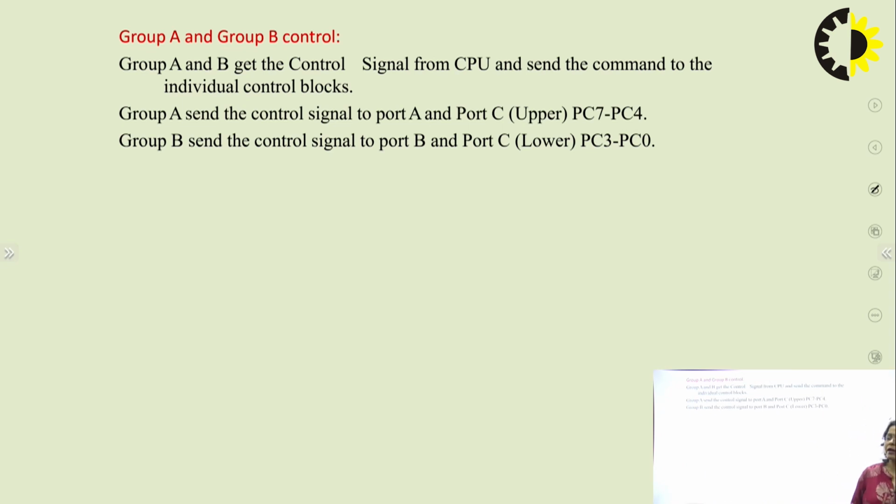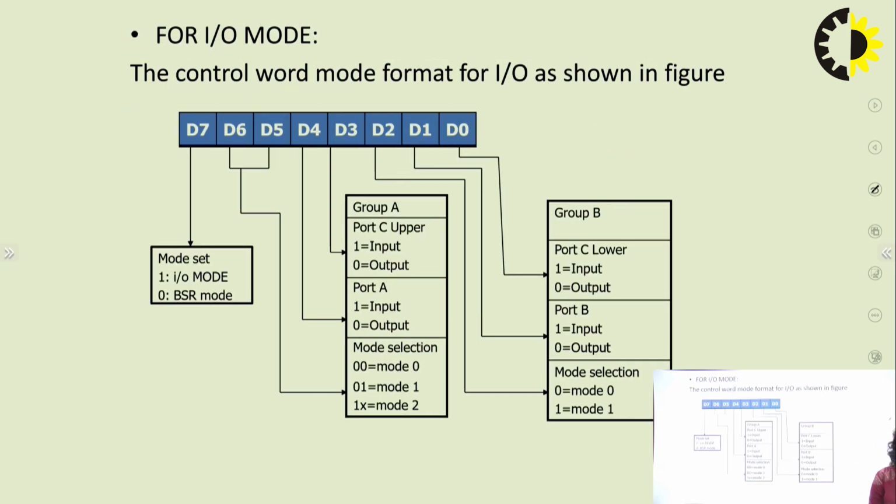So group A and group B get the control signal from the processor and send the command to individual control blocks. For group A, the control signals are provided by PC4 to 7, and for group B, the control signals are provided by PC0 to PC3.